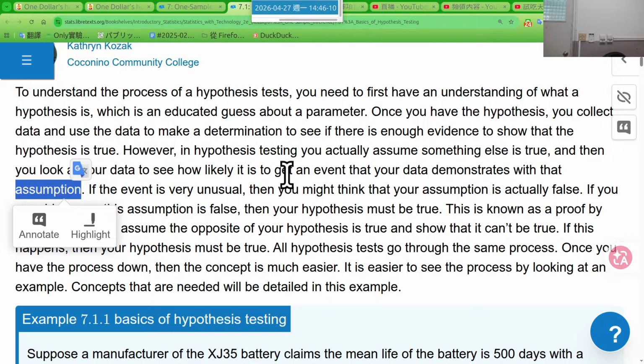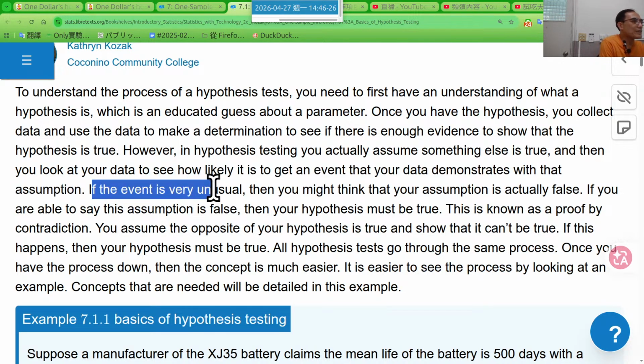The other is that it cannot, without sufficient evidence to show drinking black tea can lower your blood pressure. So we don't know.